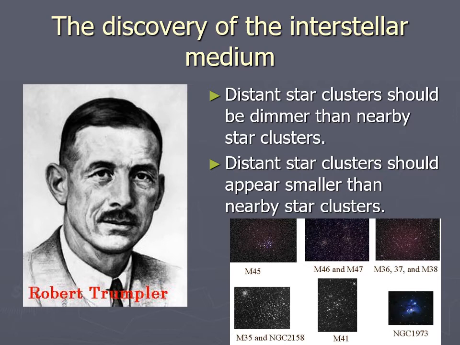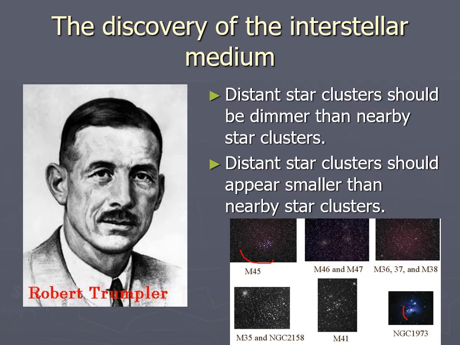In other words, you could look at a star cluster and say, okay, the smaller a star cluster is, typically you'd expect the farther away it is. The dimmer it is, you'd expect it to be farther away. What he discovered was that if star clusters are pretty nearby, the two methods gave the same results. But if things are really far away, the far star clusters were too dim.